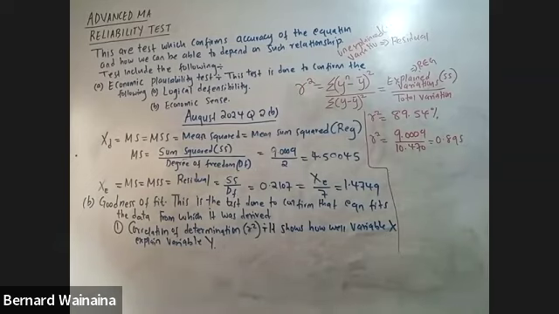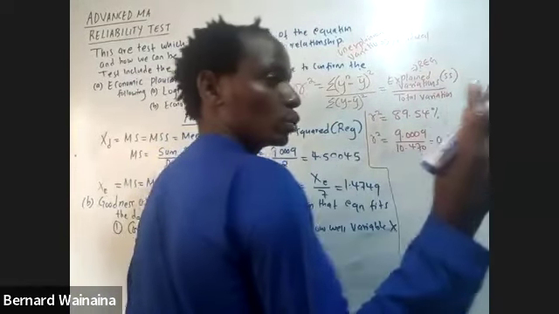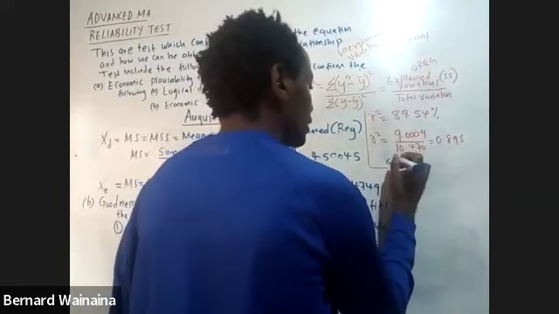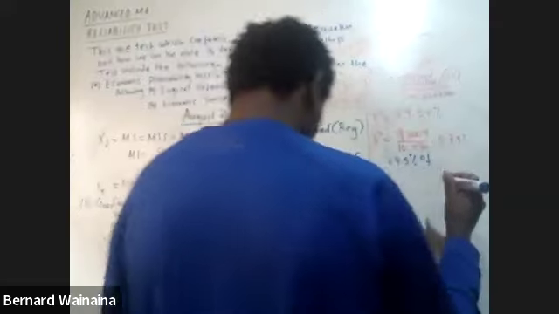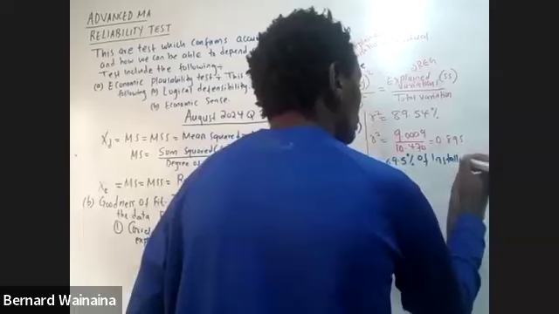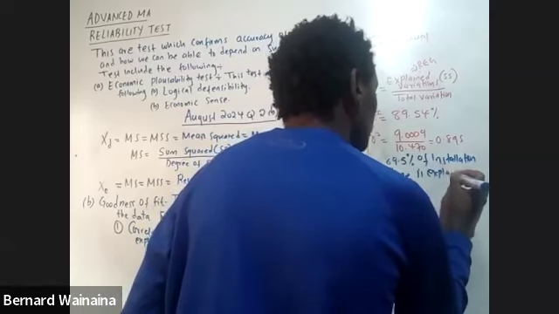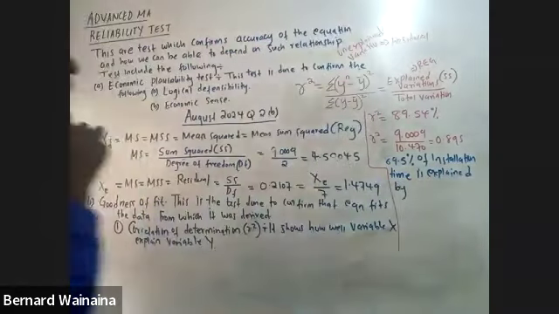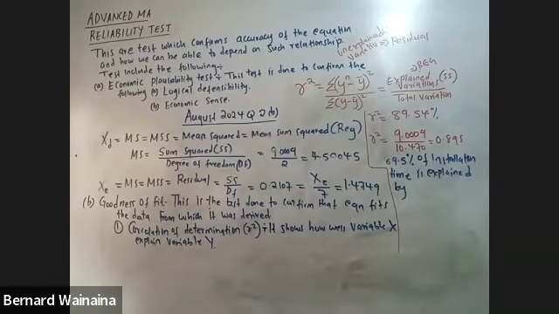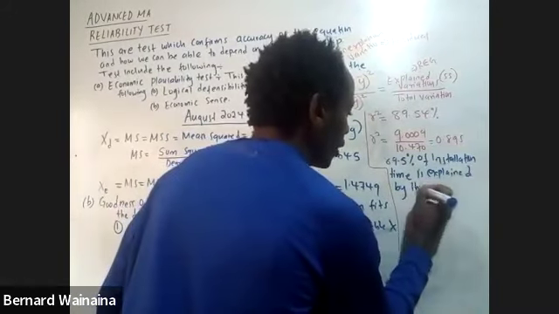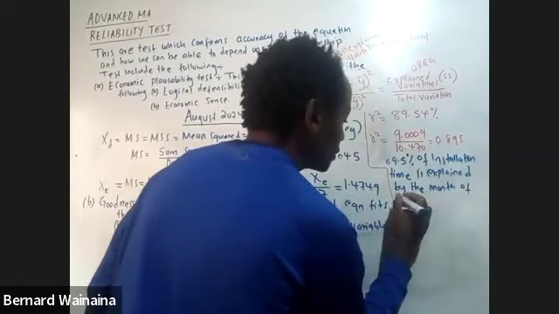We say that 89.5% of the installation time is explained by the month of maintenance and the type of maintenance.